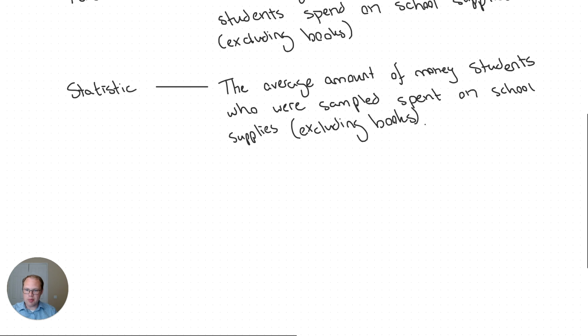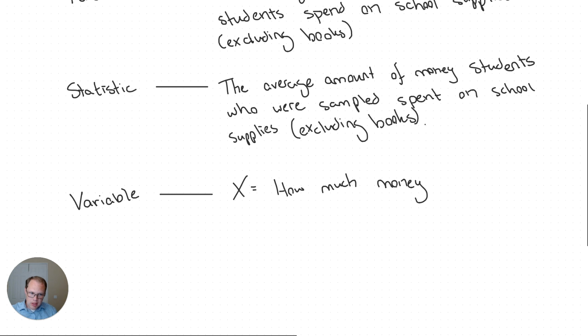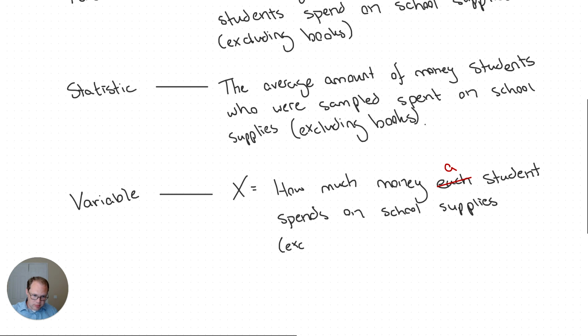So that's the variable. x equals how much money a student spends on school supplies excluding books.